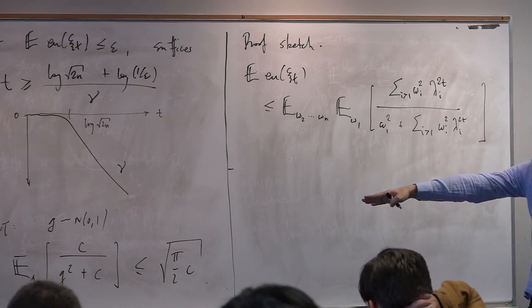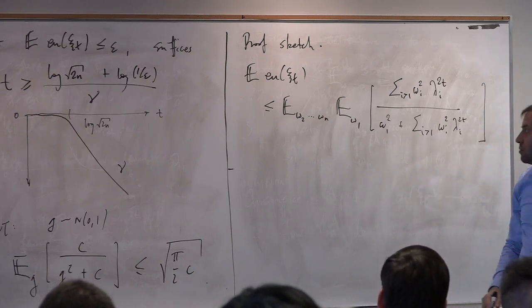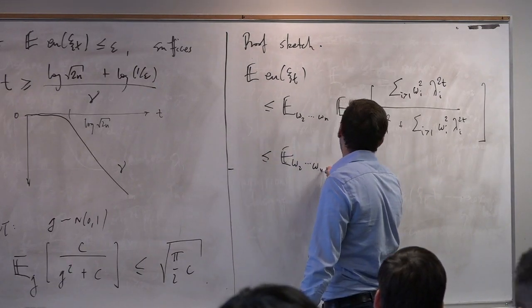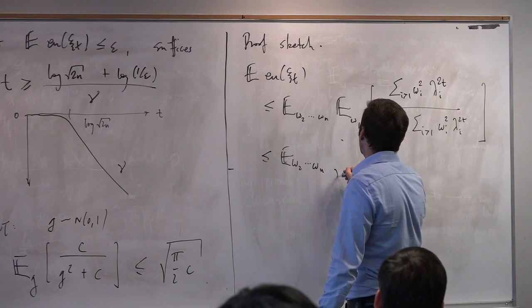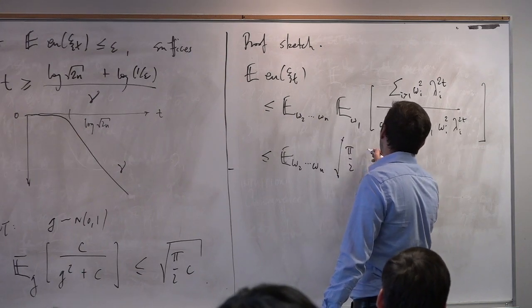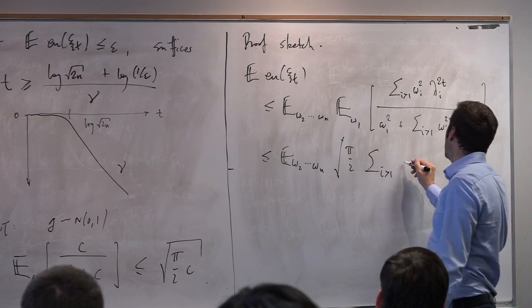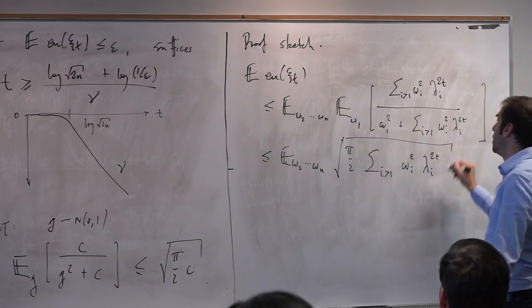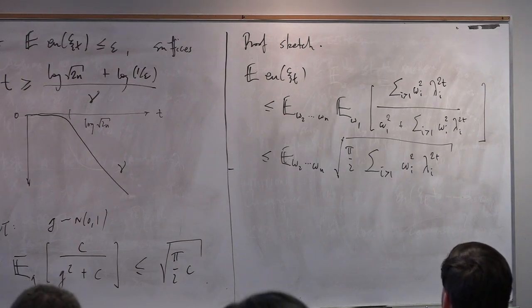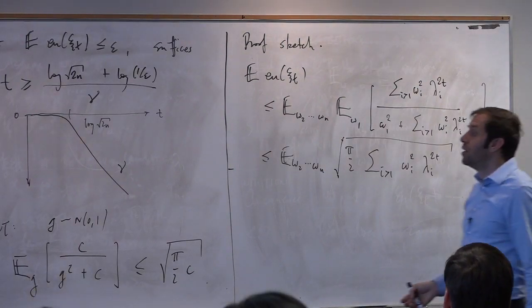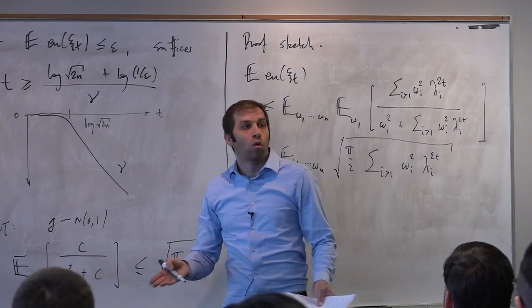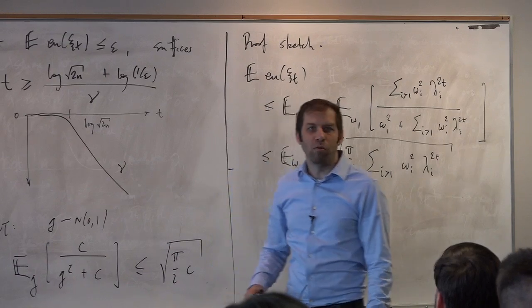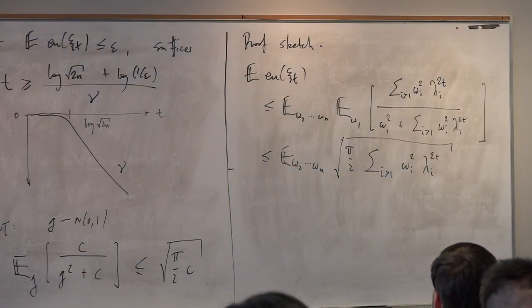So we can apply this fact to get the expectation over omega 2 up to omega n of square root pi over 2 times the sum i greater than 1 of omega i squared lambda i to the 2t. One of the other beautiful things about this is that because we have this exact distribution, we can look this up in, I don't know, Abramowitz and Stegun or something, which is what I did.